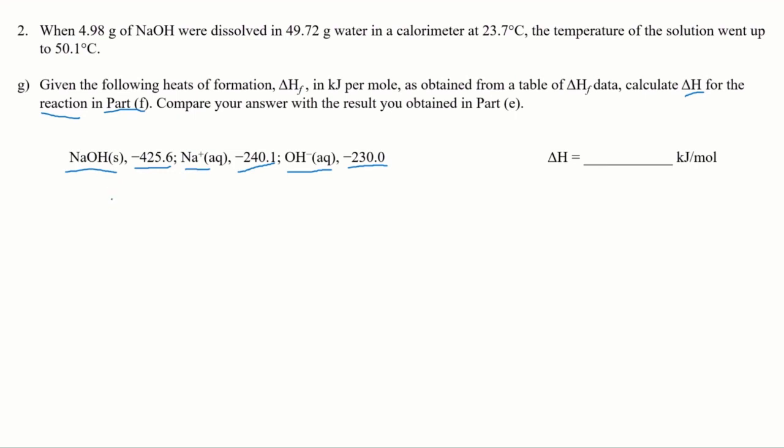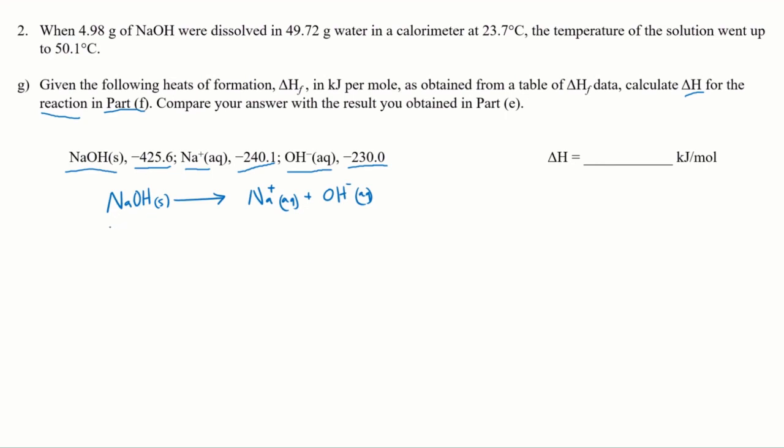So let's write this reaction down. 1 mole of sodium hydroxide solid, when it's dissolved in water, produces 1 mole of sodium ions and 1 mole of hydroxide ions. Now that we have the delta H of F heats of formation for each one, let's write them underneath the equation.